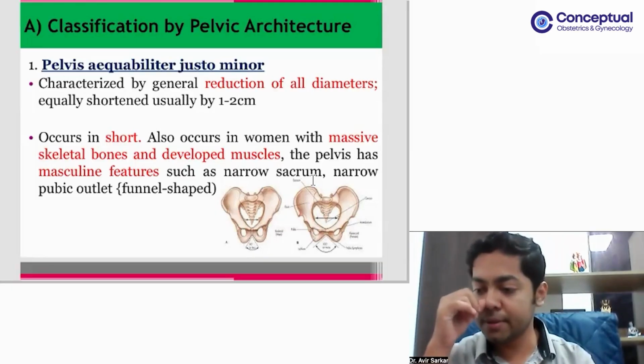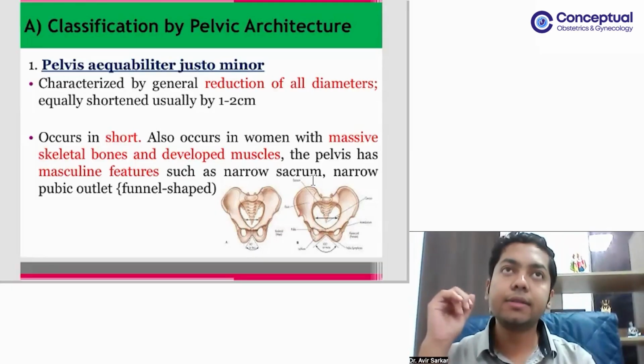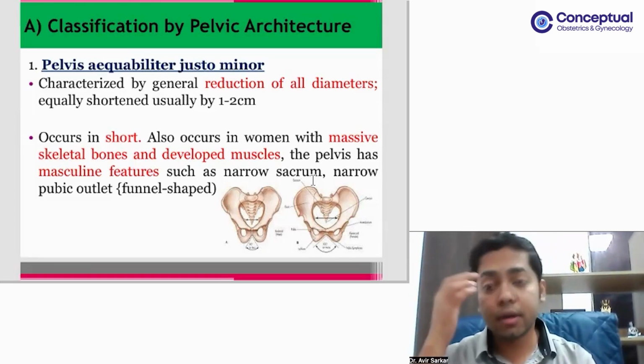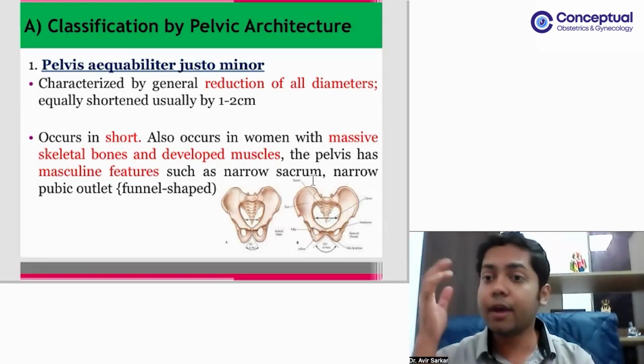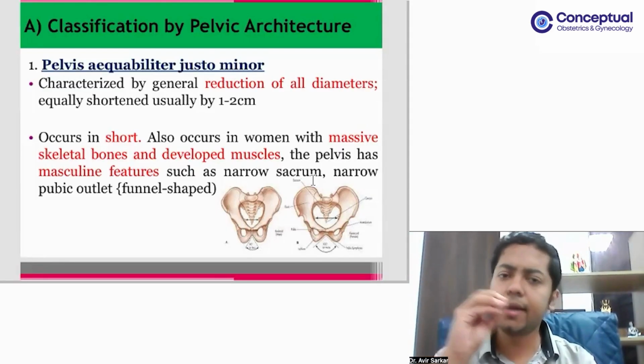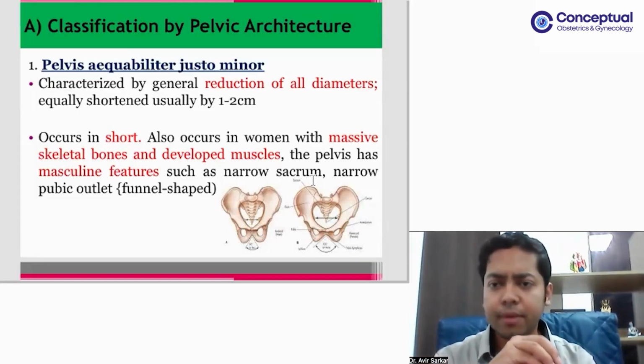Sometimes you will see that your consultants say the patient's height is short, the patient has a short stature, and in short stature we will not give trial of labor, we will go for a direct cesarean section. So short stature patients generally have this type of pelvis, justo minor type of pelvis.